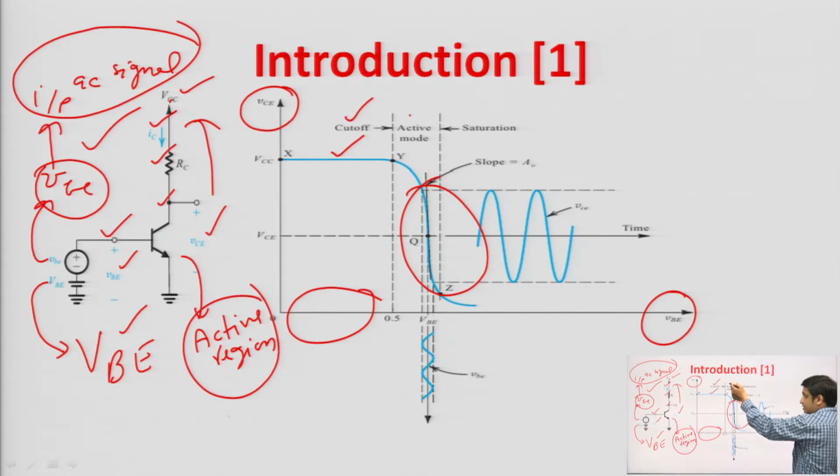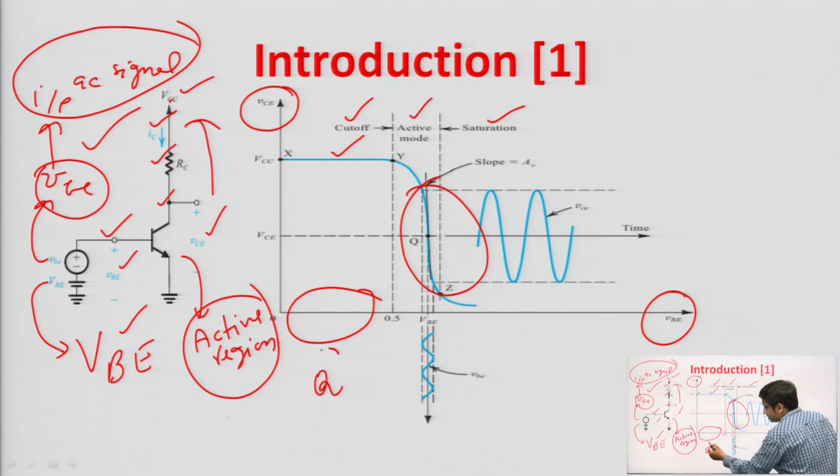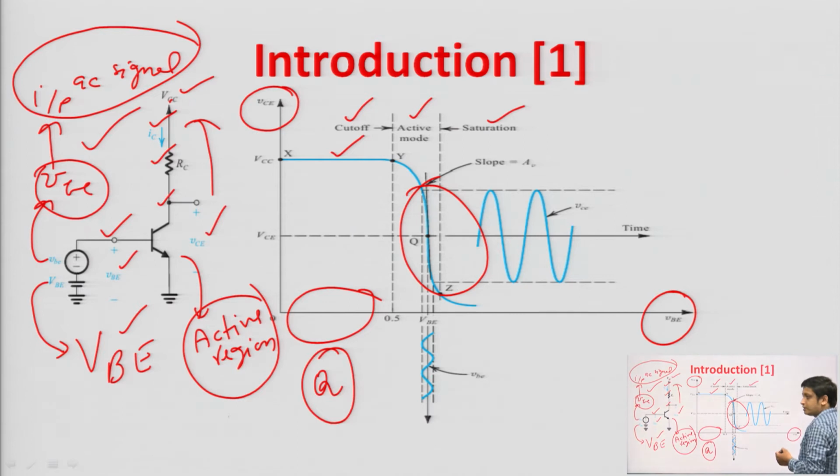We are interested in this active mode, because in active mode the BJT works as an amplifier, and in saturation it works as a closed switch. So, your operating point, also called the Q point or quiescent point, should be in the middle of the active mode. That is the requirement of biasing.